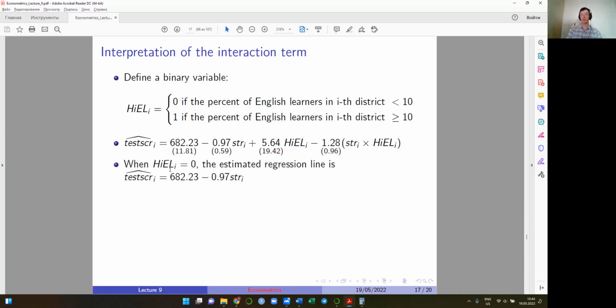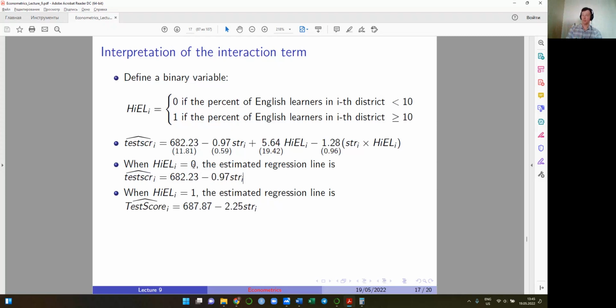what happens. So when this binary variable is 0, the regression line is this one. If the binary variable is 1, the regression line is different. And here is the catch. Here's what we are looking for.